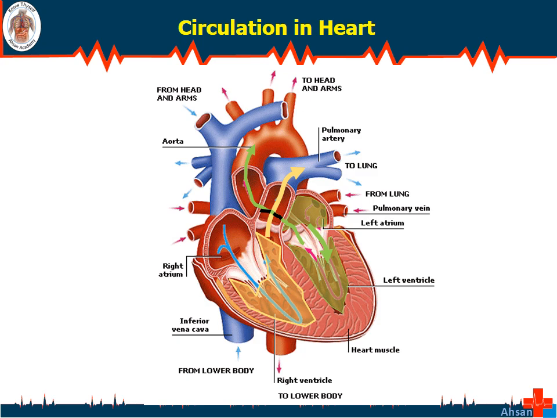Now when it gets the blood, immediately the wall is stressed. Because of the elasticity, it will try to return to its original position. So there will be continuous elevation of the blood pressure.